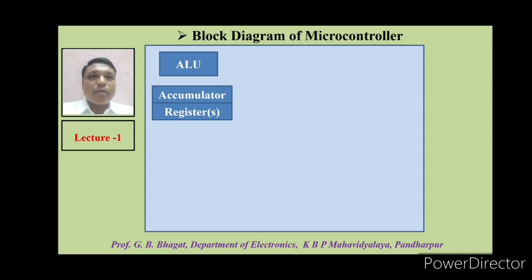Then next block is the registers. Along with accumulator, microcontroller has some general purpose registers which are helpful to the microcontroller in its various operations. Next block is the timer counter block.